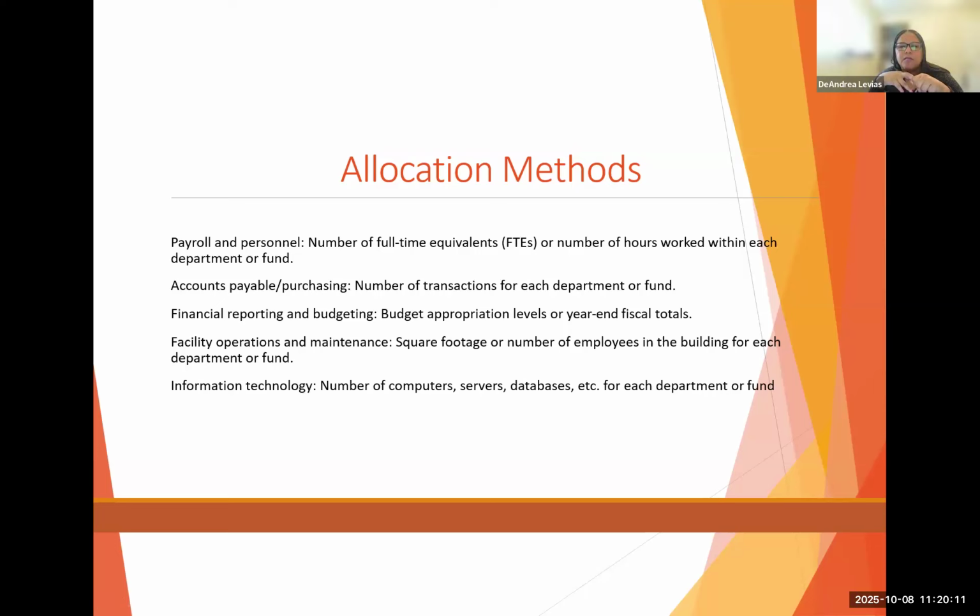Okay. Awesome. Susan, you had your hand up? Yeah, I tried to keep it as simple as possible and use the same allocation method as often as possible. So what I like to normally do, if it's reasonable and it makes sense, is to go by the personnel, their level of effort.